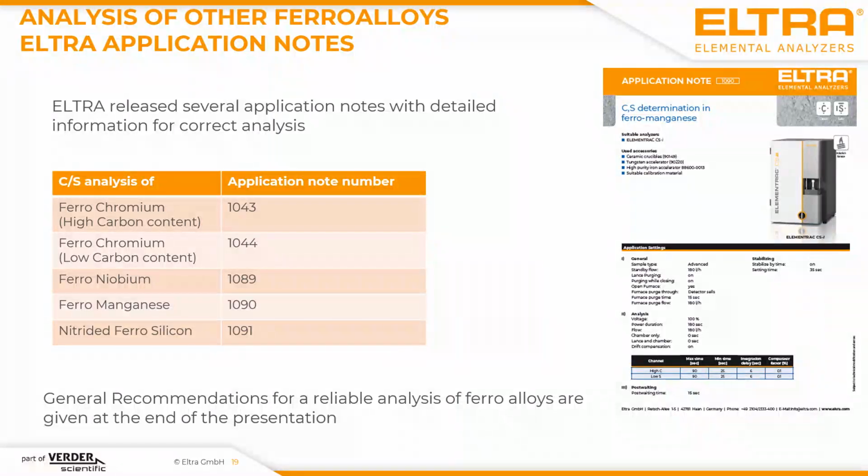An application note contains all relevant information you need for the analysis. You have all the settings for the analyzer and of course all the applied accelerators. And at the end you will have some typical data. When you have different ferroalloys and would like to analyze them, you can of course send us some samples for testing.